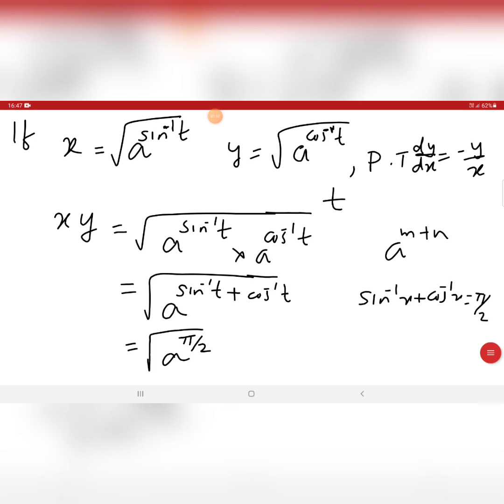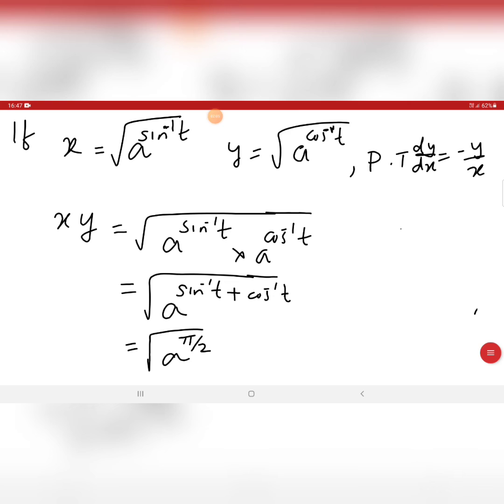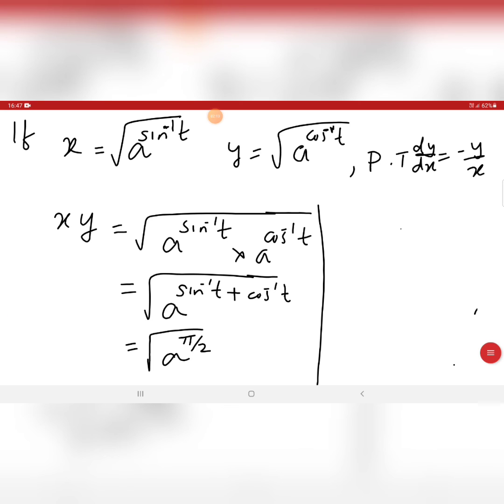So we can directly differentiate both sides with respect to x. On the left side, xy, here you have to use the product rule. So x into dy by dx plus y into 1.